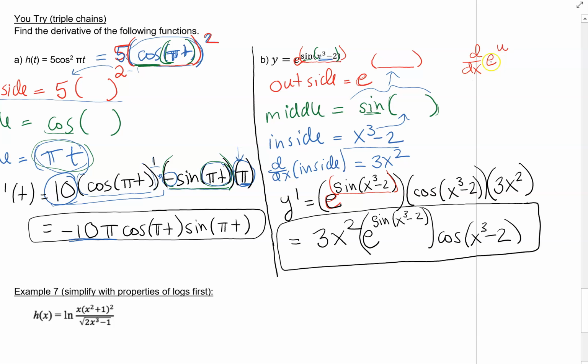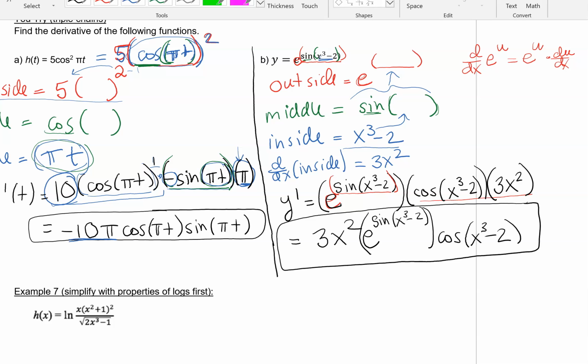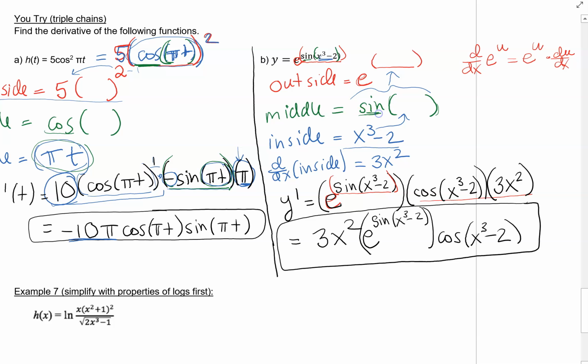When you're taking the derivative of e to a power and you're having to use the chain rule, you just keep e to that same power, and then you multiply by the derivative of that power, which is all of this in parts, because we needed to do another chain rule. So then I had to multiply by the derivative of sine, so that was cosine. But I kept the x cubed minus 2 intact.